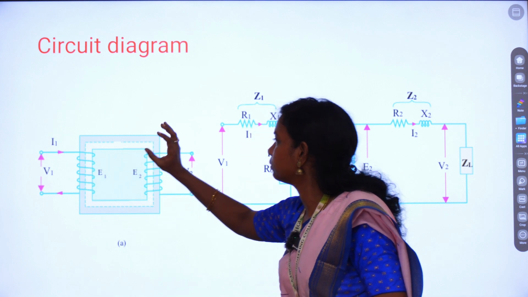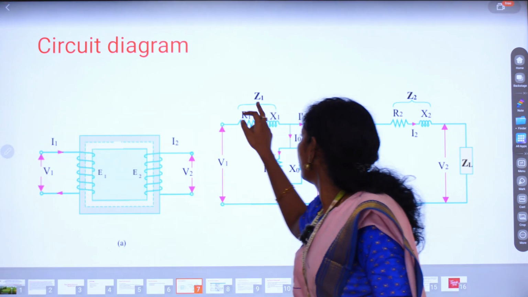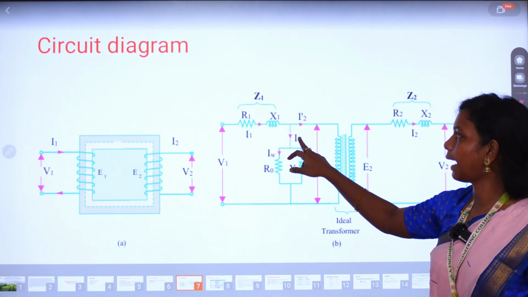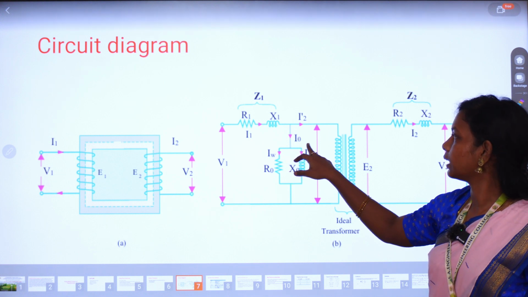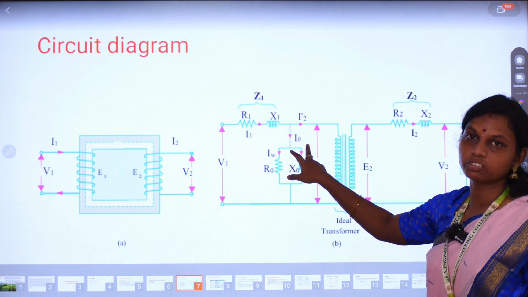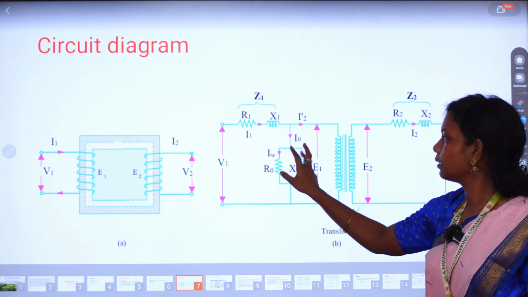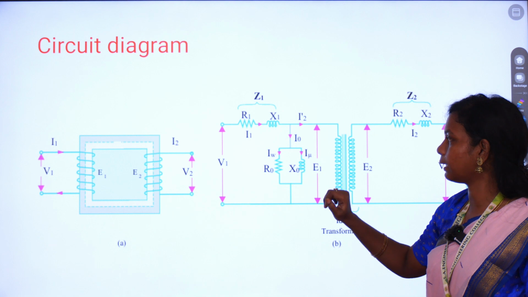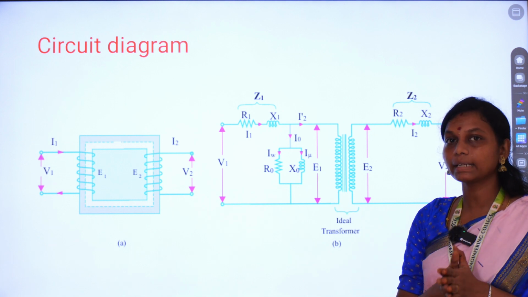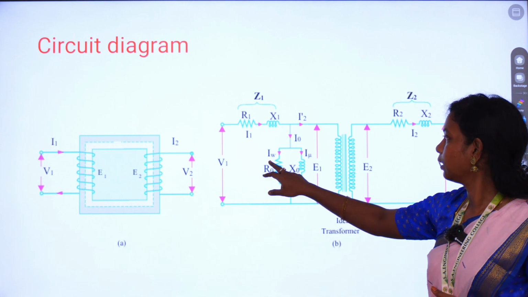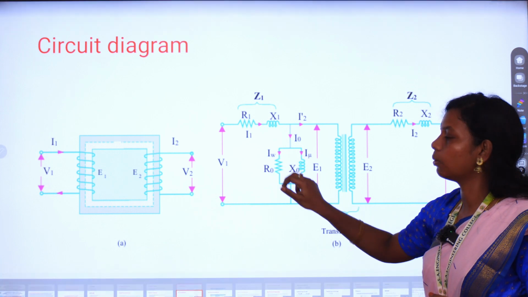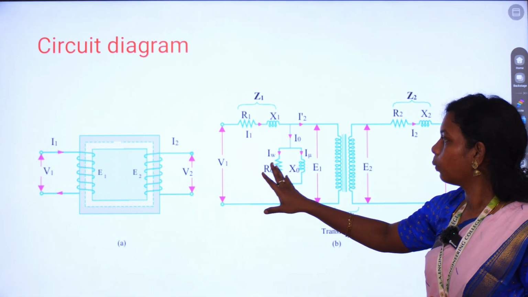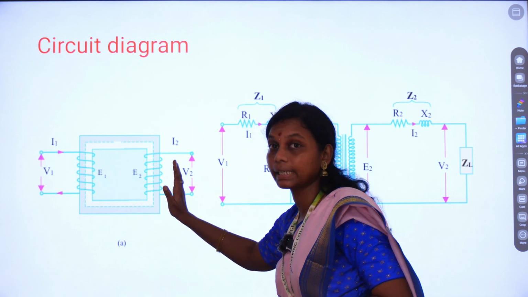The primary side current, which is I1, will be represented as I0. Here I0 is the no load current. The no load current is differentiated into two types, which are IW and IMU. What are IW and IMU? They are known as the core loss current and the magnetizing current. These are the two components which we have to know.